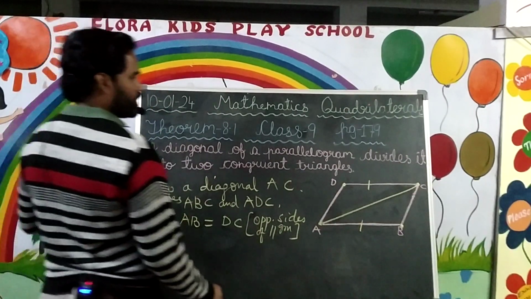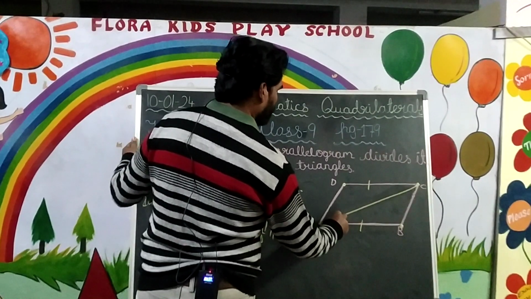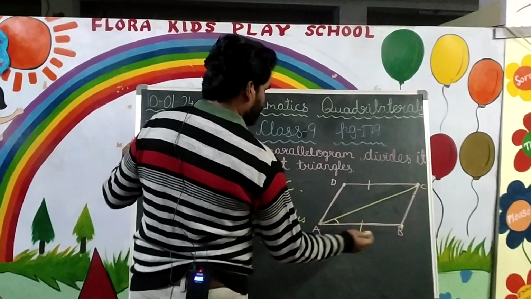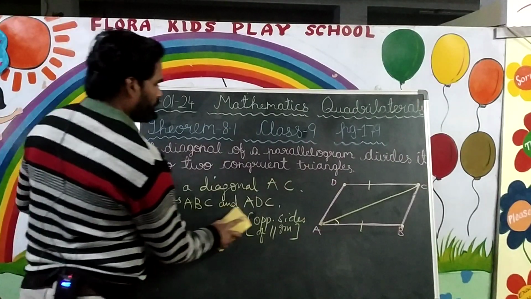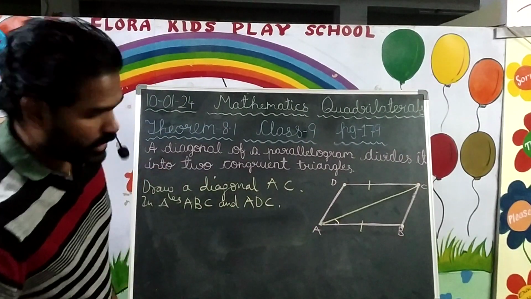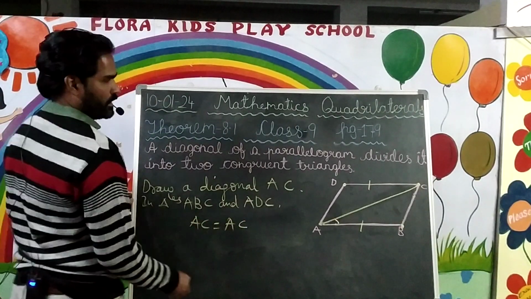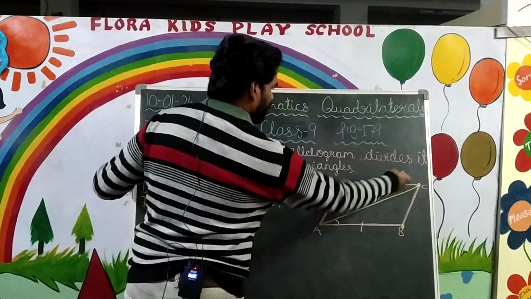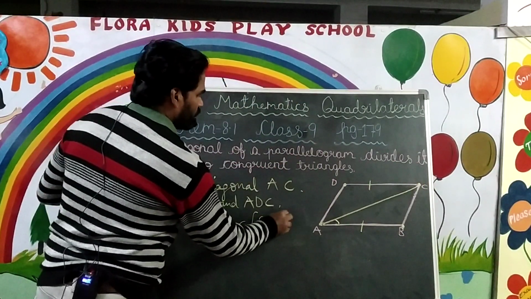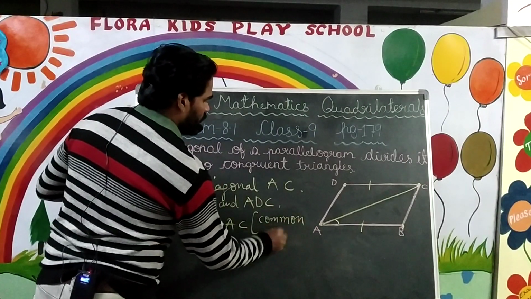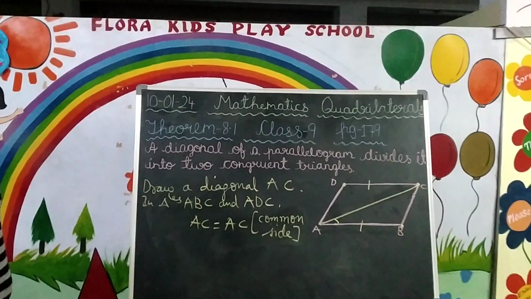Second, we can take AC equal to AC. The line AC, the diagonal, is a common side for both the triangles. So we write the reason as: common side for both the triangles, and hence it's equal.